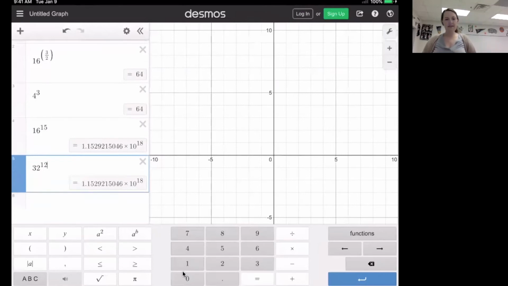And we get the same very long number in scientific notation. So that times 10 to the 18th would mean we move our decimal place 18 places to the right. Doesn't matter what we get as long as it's an equivalent statement.